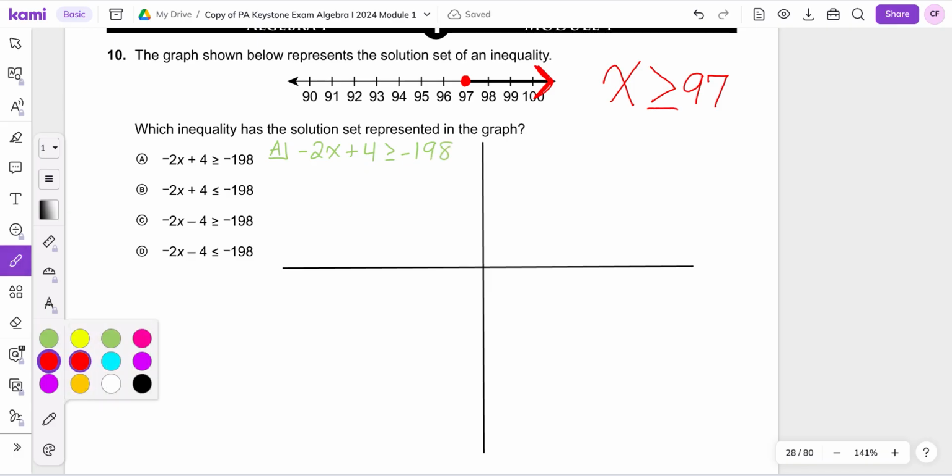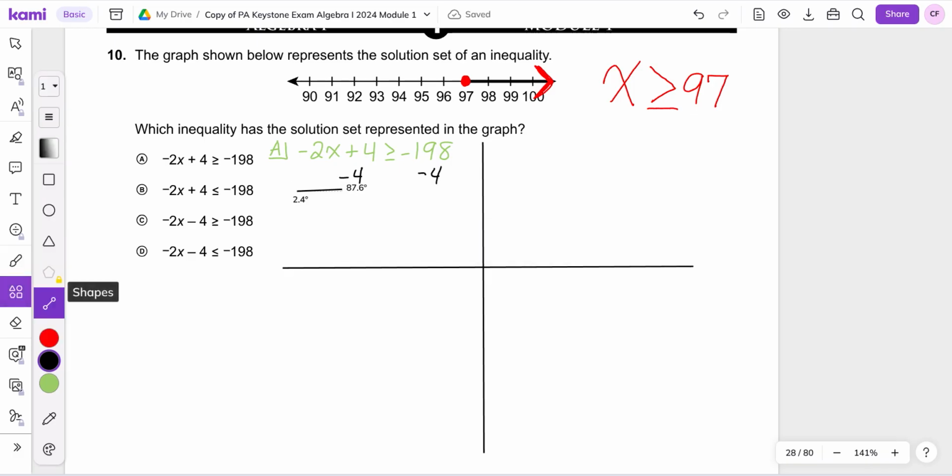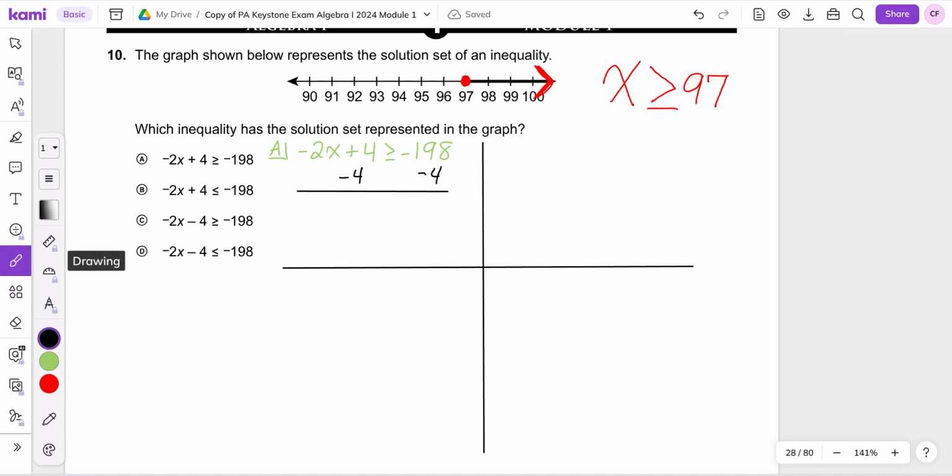To solve this one, we start by subtracting 4 to both sides. When we subtract 4, we get negative 2x is greater than or equal to negative 202.